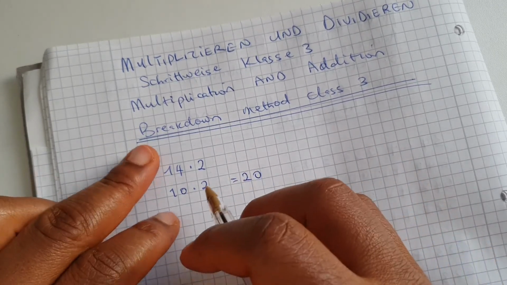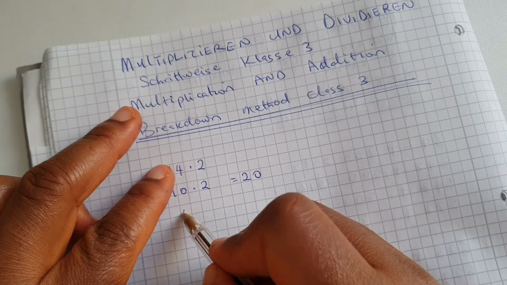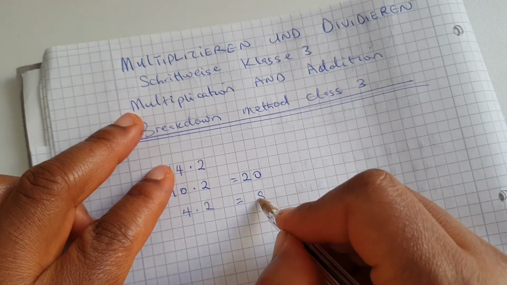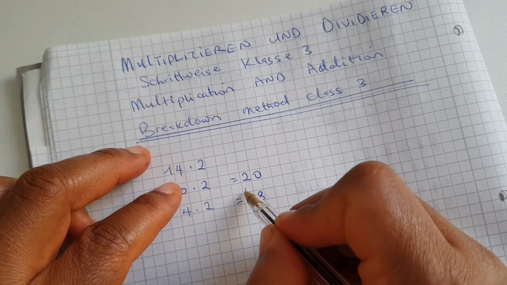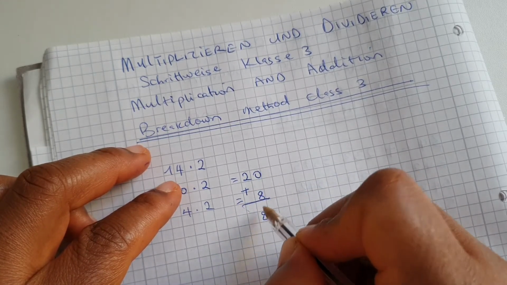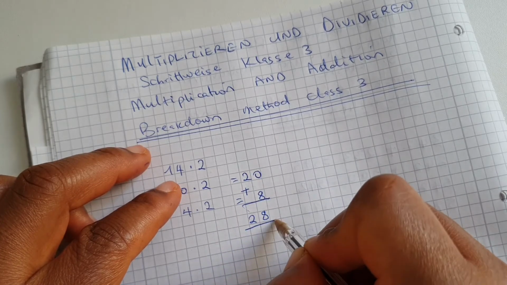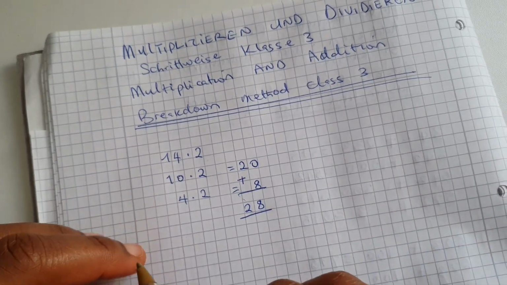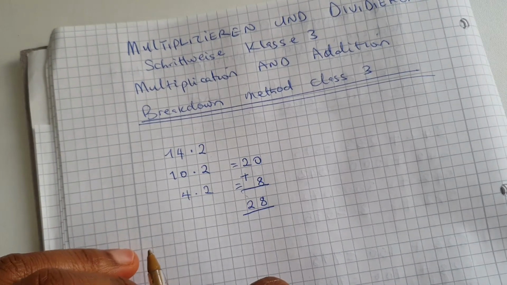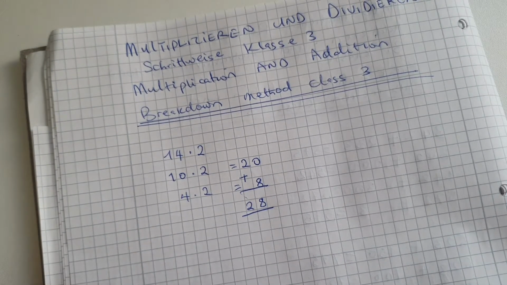Then you know that 4 is remaining, so you do 4 times 2, and it will give you 8. And what you do here is simply add these two up. 8 will come here, and then 2 will come there. You have 28. Automatically the child will know that 14 times 2 is 28. 14 mal 2 sind 28.